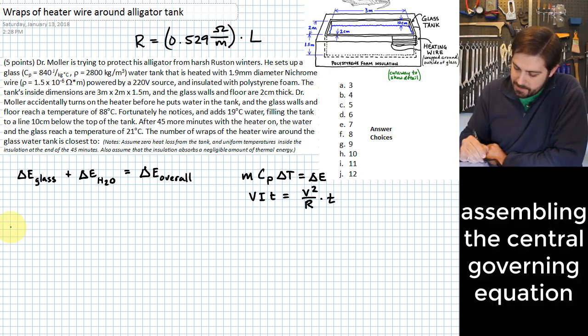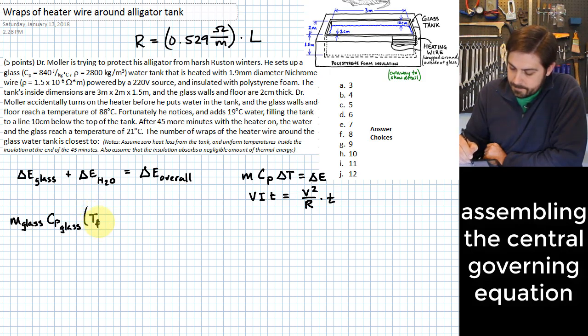So, the mass of the glass times C sub P of the glass times the change in temperature, which I will write as the final temperature minus the initial temperature of the glass. And I only put one final temperature there because everything reaches equilibrium at the end of this problem.